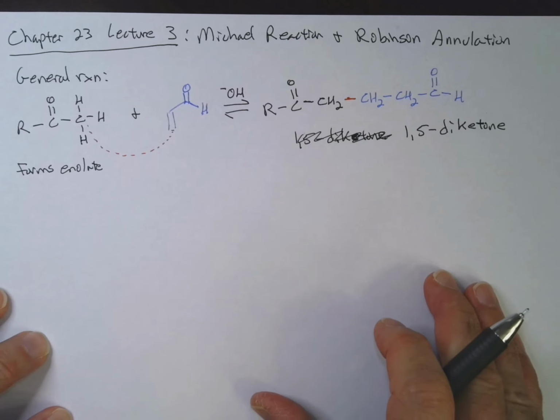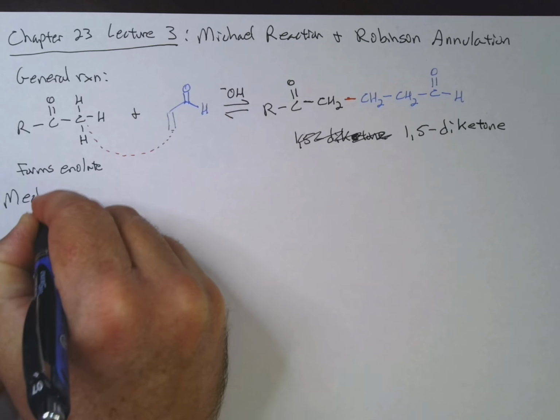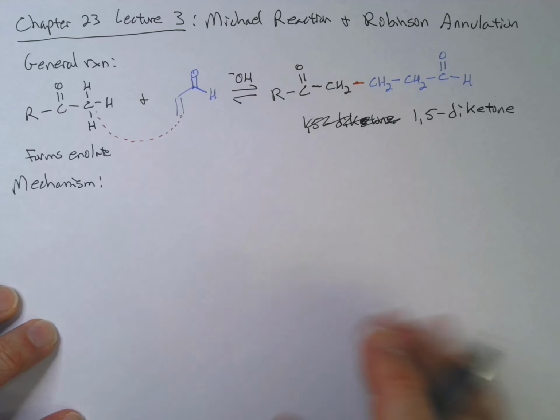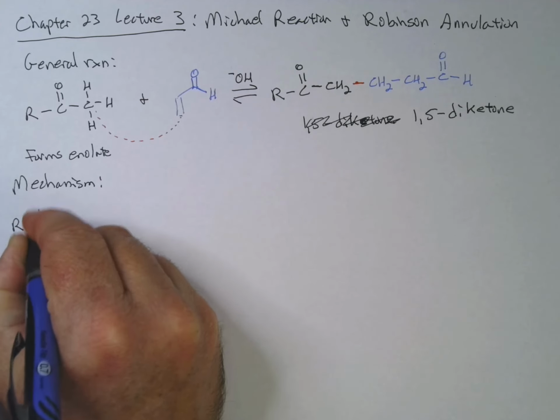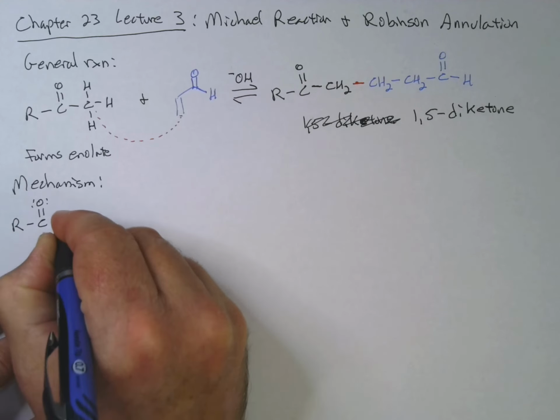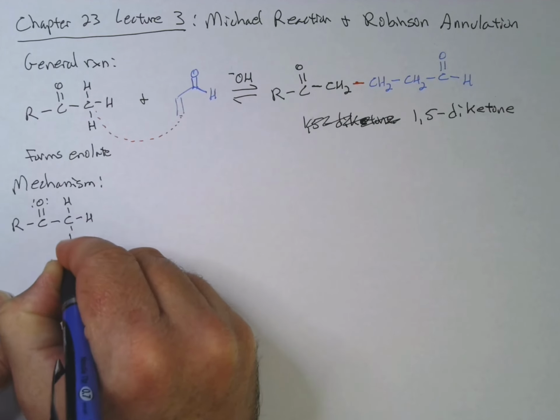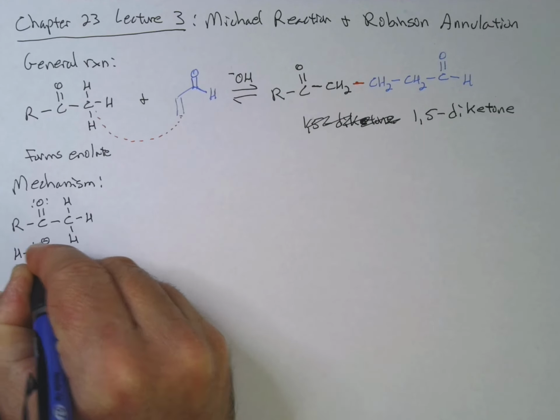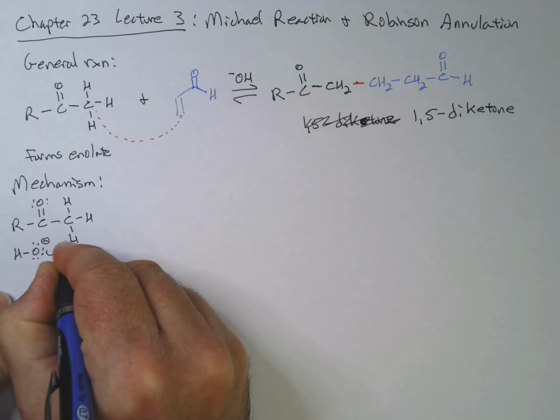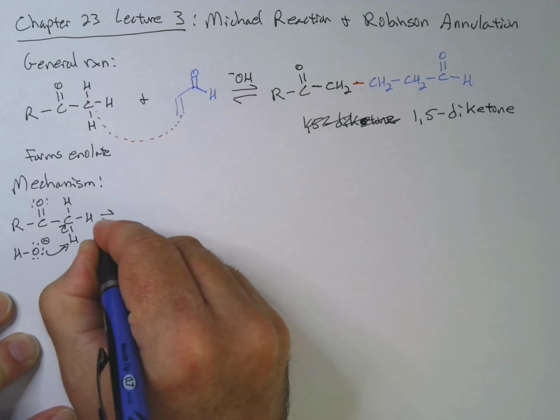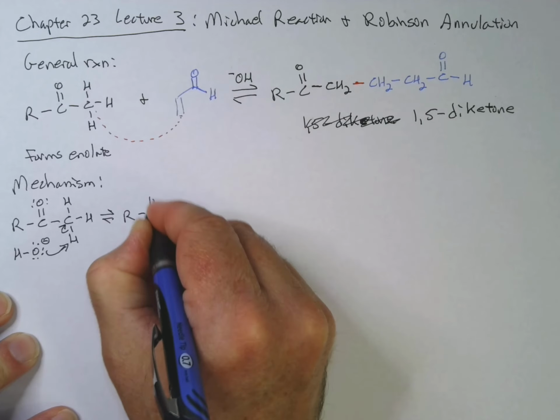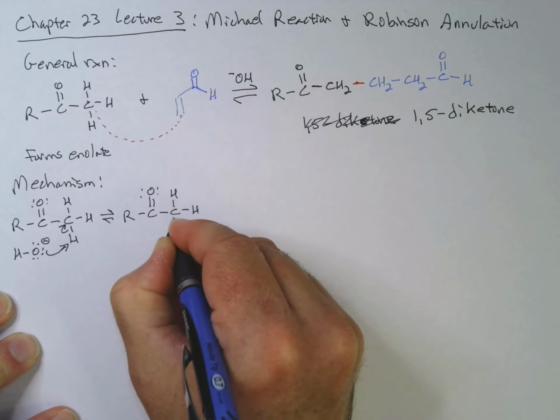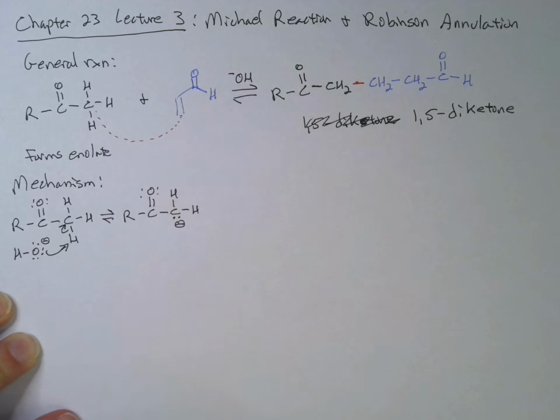Alright, so let's take a look at the mechanism. The mechanism, of course, starts with the formation of the enolate. So let's have some base here. We'll just use hydroxide. That pulls off that proton, and we will get our enolate forming. Lone pair, negative charge.